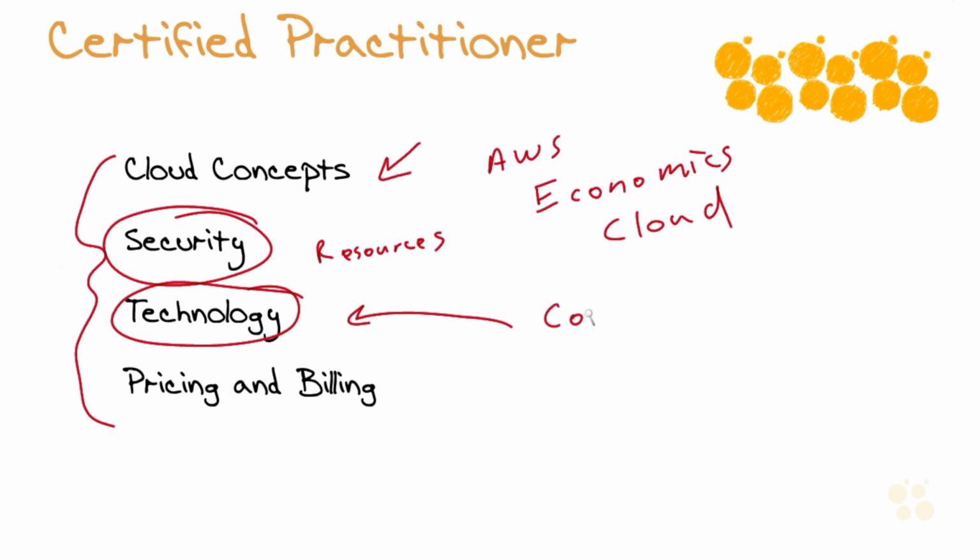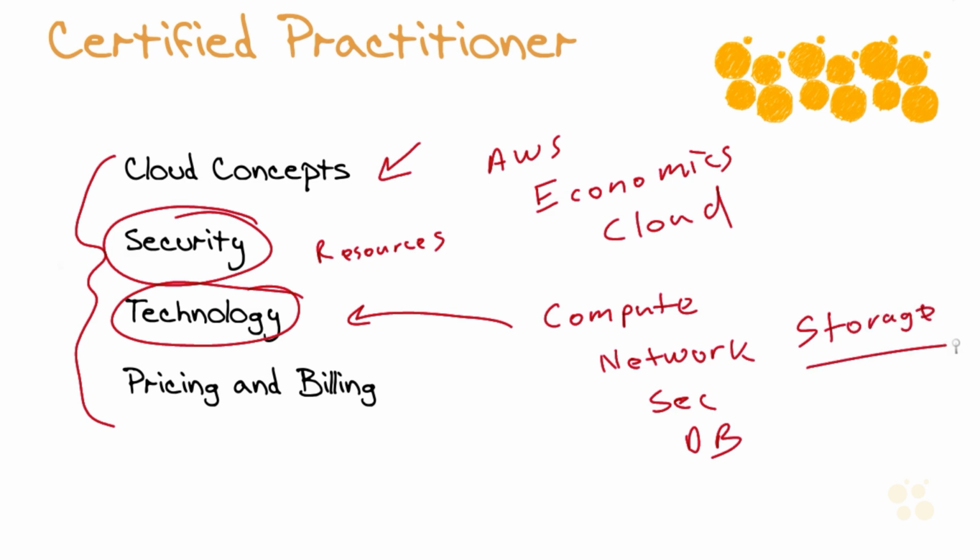We'll break this down into compute resources that are available for us, network resources, of course, security resources, database resources as well, and we'll even take a look at some of the monitoring capabilities that we find in Amazon Web Services. And we can't leave out the storage capabilities that we find in Amazon as well.